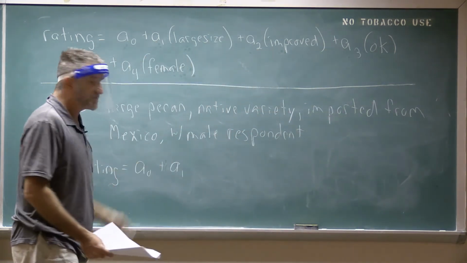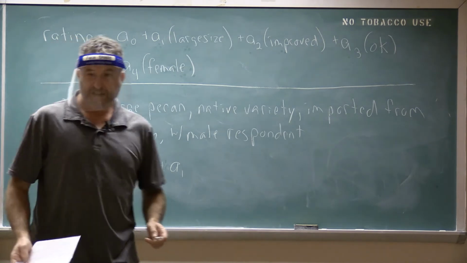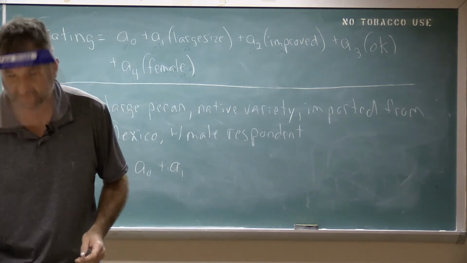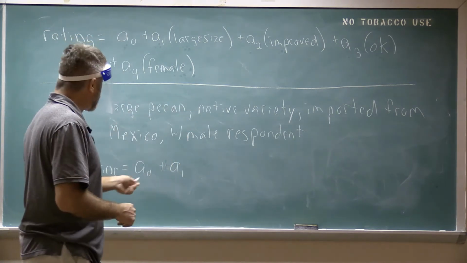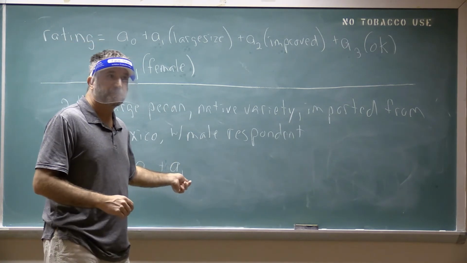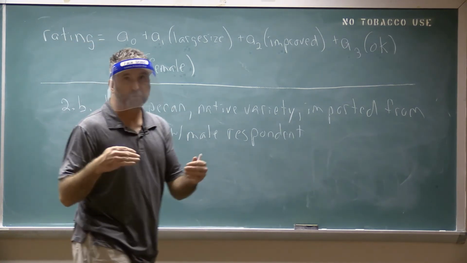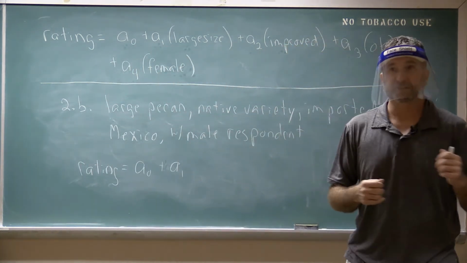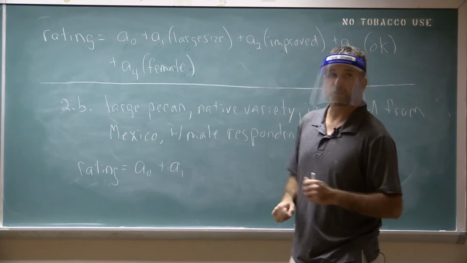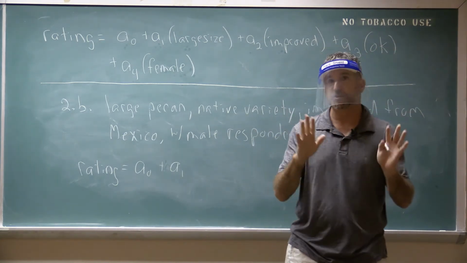And the rating is this. And so notice the difference in the rating in 2B and 2A is just A1. In the previous question, the predicted rating was A0. Now the predicted rating is A0 plus A1, so it changed by the value of A1.